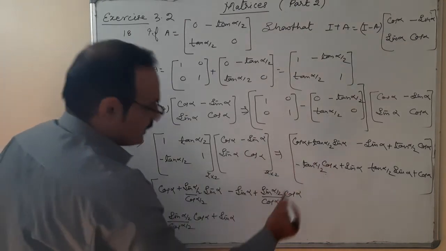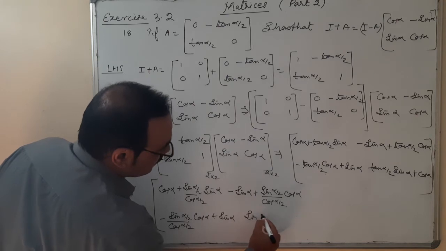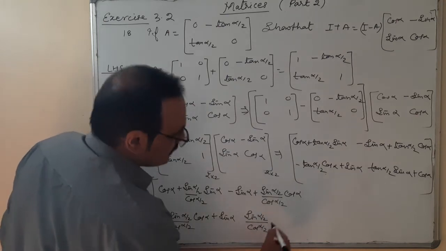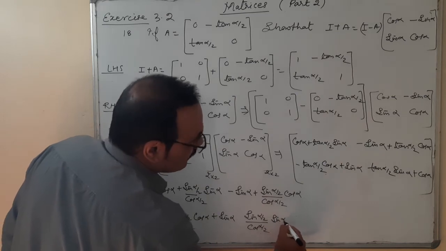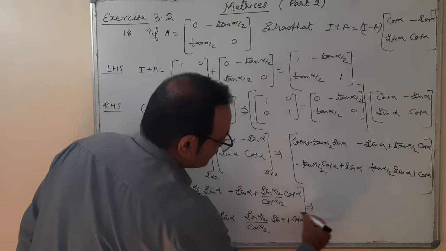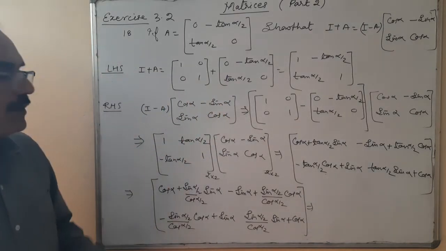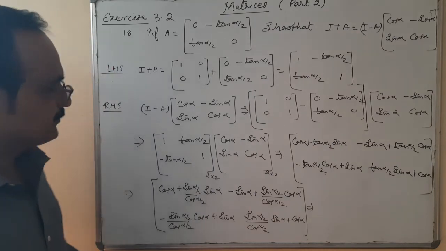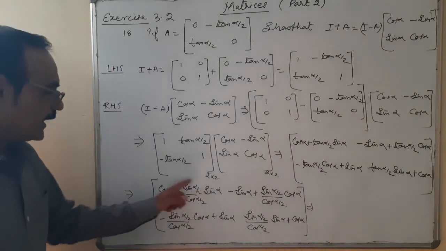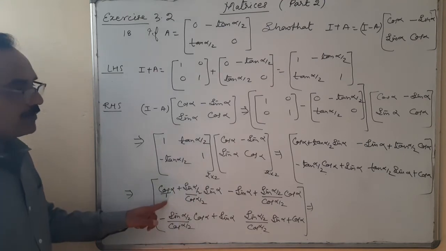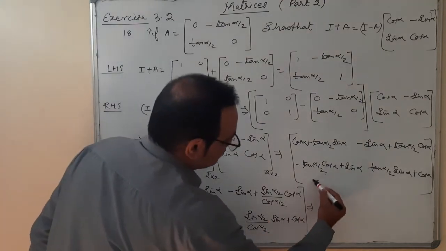And last, sin alpha by 2 upon cos alpha by 2 into sin alpha plus cos alpha. Okay. What I have done is convert tan alpha by 2 into the form of sin alpha by 2 upon cos alpha by 2. After that, we're taking LCM. Upon 1, LCM is cos alpha by 2.